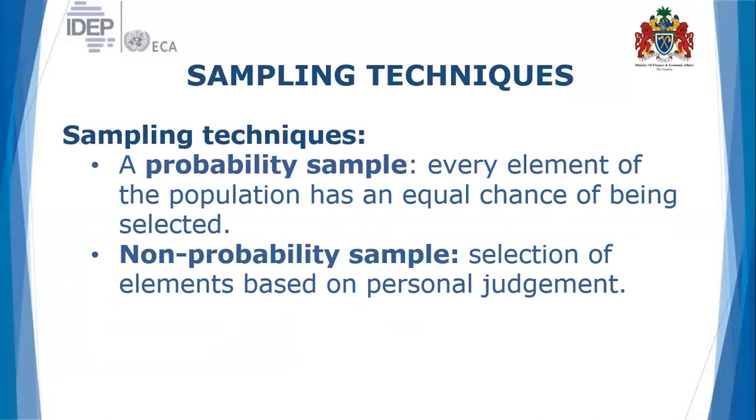Under this technique, every element of the population has an equal chance of being selected. The other one is non-probability sample or sampling technique, where selection of elements or participants is based on the evaluators' or researchers' personal judgment.